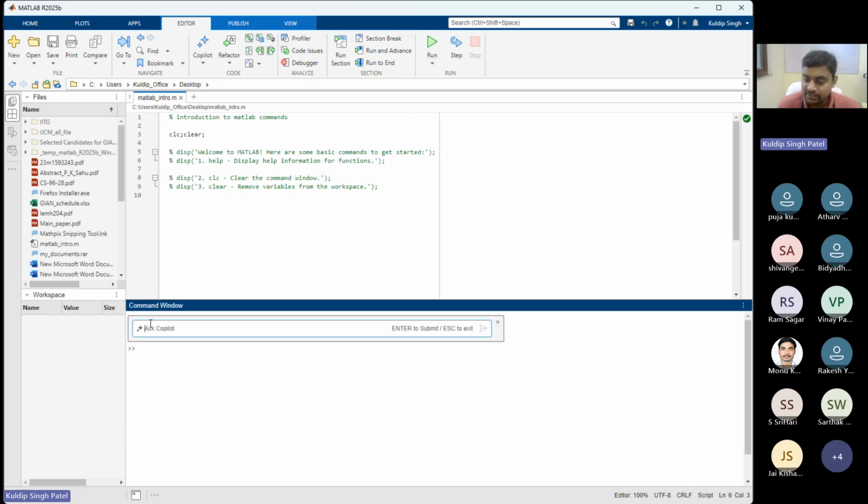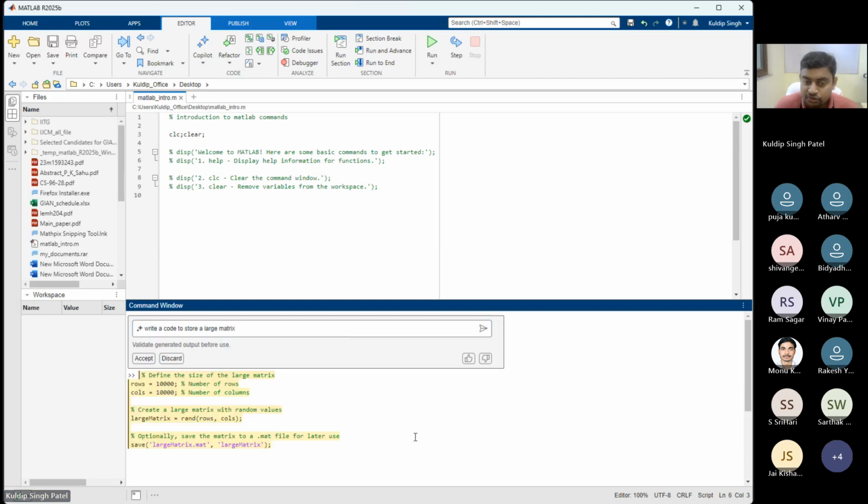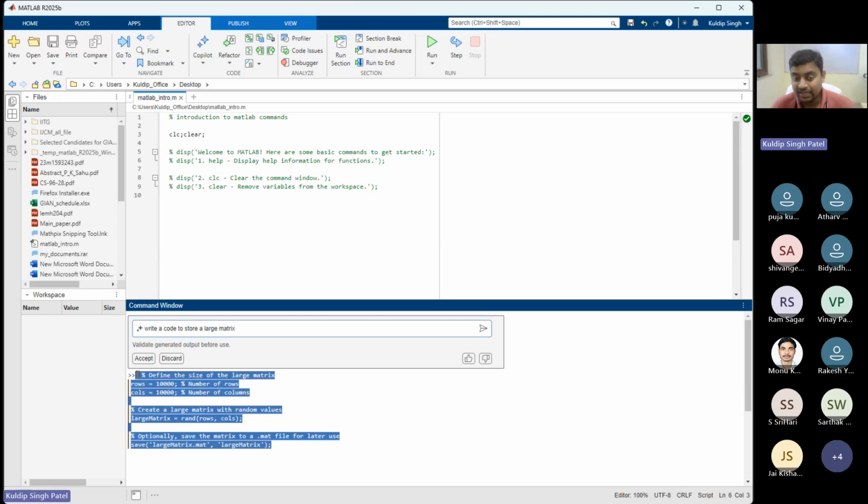Now, what he was saying is that you simply press Control Shift P, and you can write here, write a code to store a large matrix. You see, it has generated it. But believe me, this was not there earlier, when this Copilot was not there.